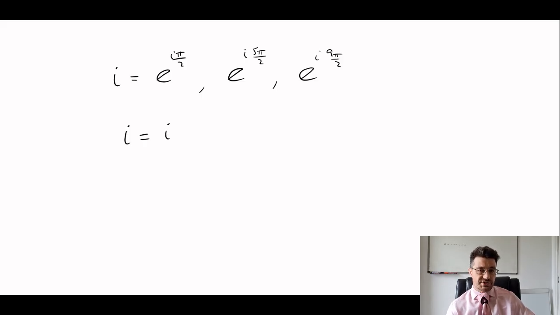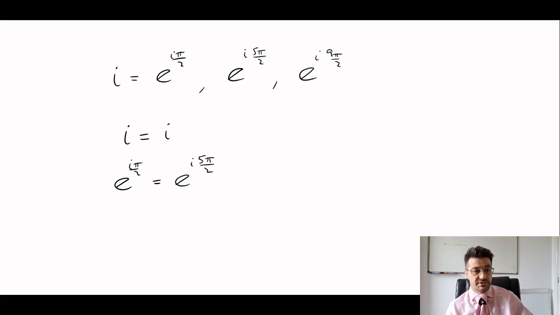There is an issue if we're not careful about things. So if we just assume that the normal laws of indices apply to complex numbers without any modification, we can get something like the following happening. Okay, so since i is equal to i, that means that e to the power of i pi by 2 is equal to e to the i 5 pi by 2.